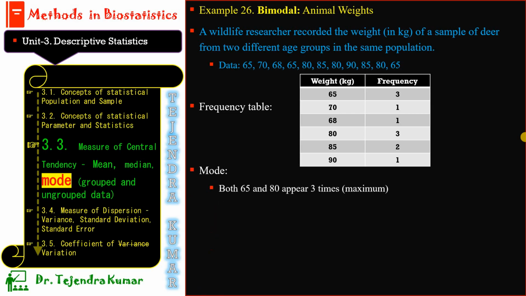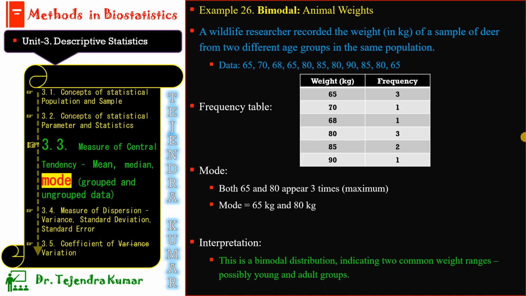Okay. Now calculate the mode. Both 65 and 80 appear 3 times, the maximum in this table, and that's why the modes are 65 kg and 80 kg. Interpretation: this is a bimodal distribution indicating two common weight ranges, possibly young and adult groups, but there are two common weight ranges available in this population.